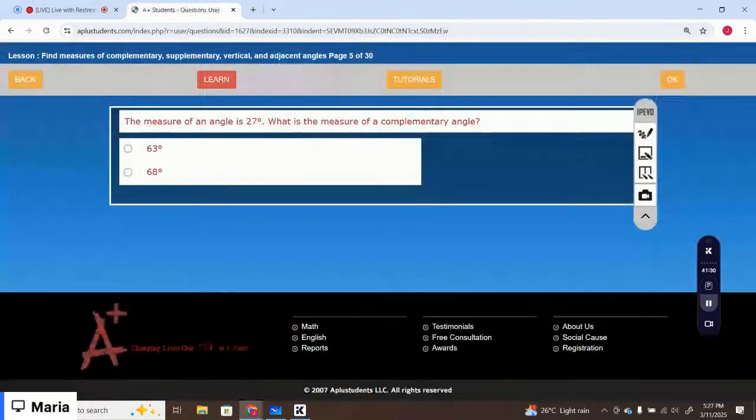The measure of an angle is 27 degrees. What is the measure of the complementary angle?